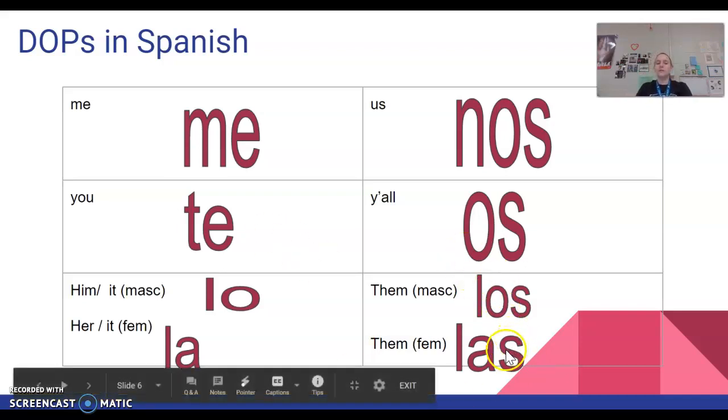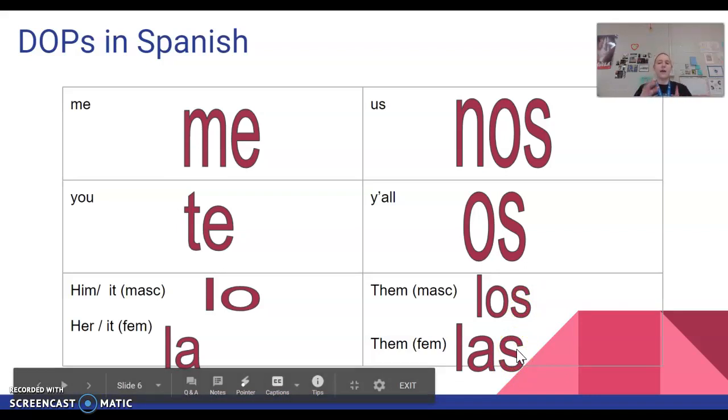The los, las, and la all match the definite article of the thing that they're taking the place of. The only one that's different is the lo. Okay. So lo for masculine object, la for feminine object, los for masculine objects, las for feminine objects.